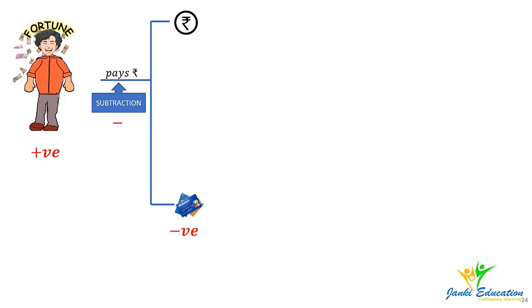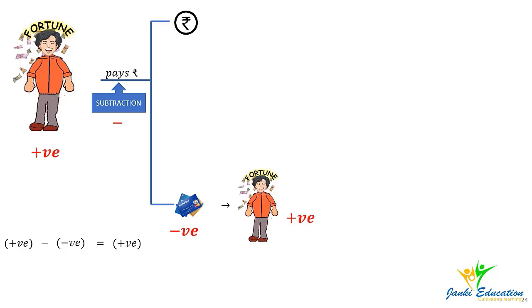Now when he pays off his loan, that is negative, then he becomes wealthy, right? And it removes his tension of loan and everything, so he becomes a man with fortune, so he becomes positive. So we can understand positive minus negative is always positive.